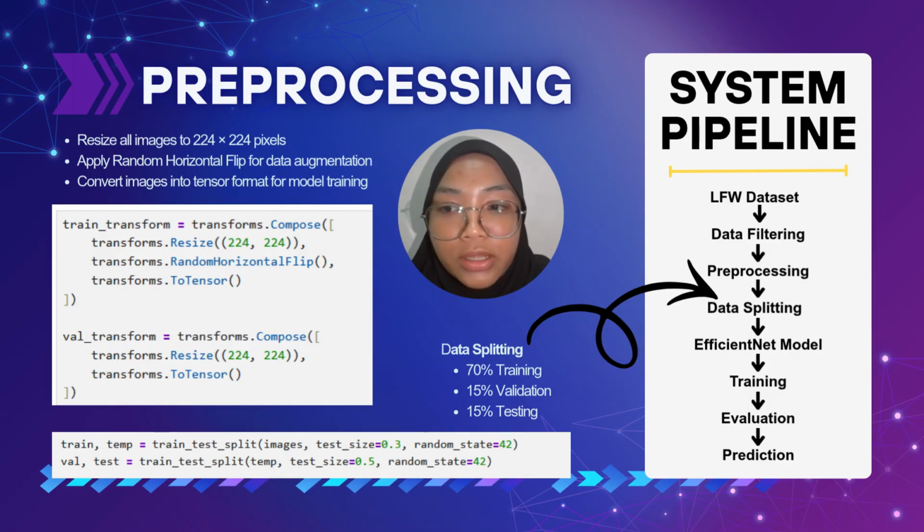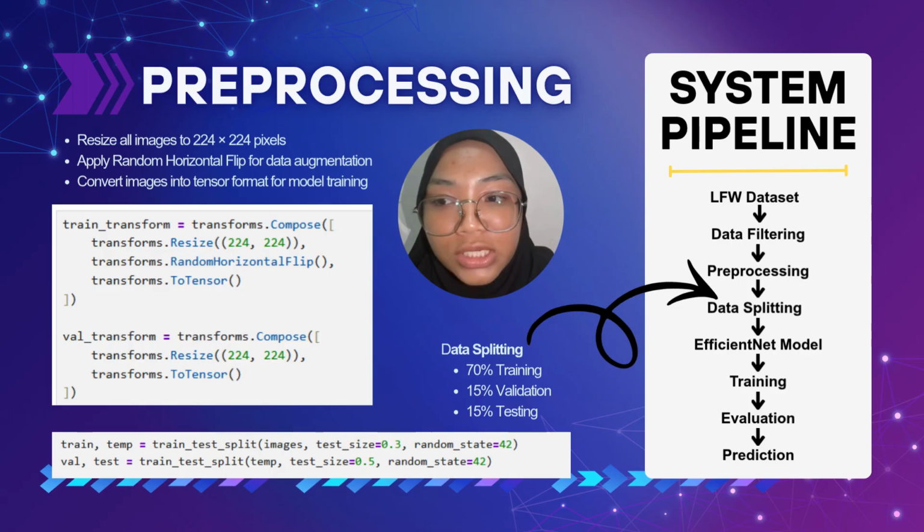Before training the model, the images go through a pre-processing stage. In this stage, all images are resized to 224 by 224 pixels to match the input requirement of the EfficientNet B0 model. This ensures consistency in image dimensions.